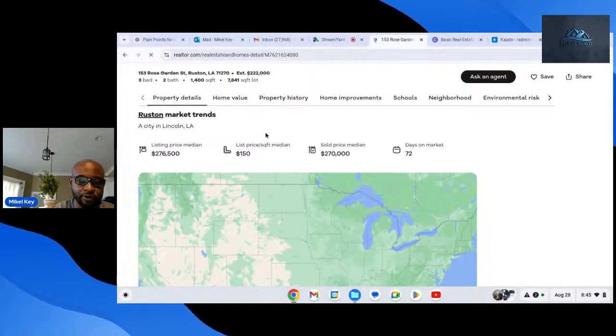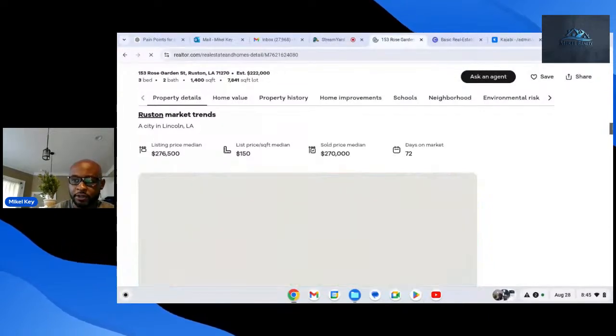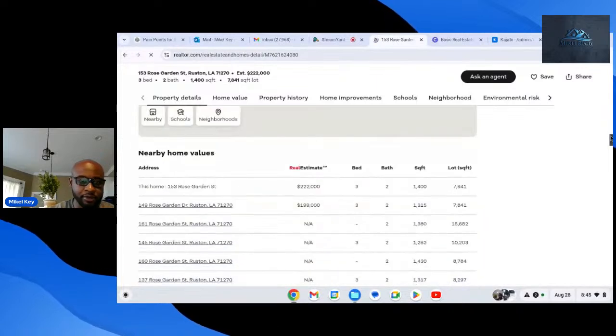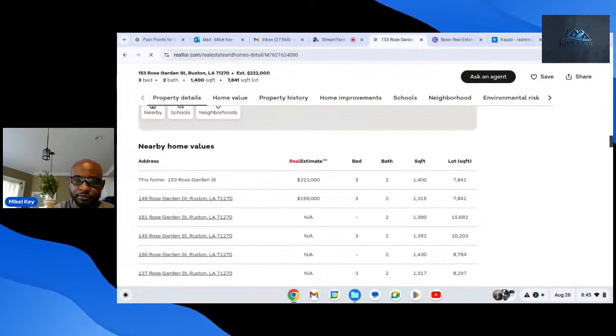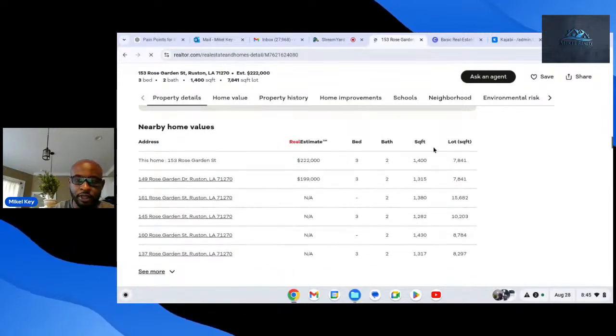List price per square foot median, so that's the price per square foot that I was talking about, $150 a foot. Okay, so if you play around with the data, it gives you all kinds of data. It also gives you comps for your area. So as you can see, 149 Rose Garden, 3-bedroom, 2-bath, 1,315 square foot.